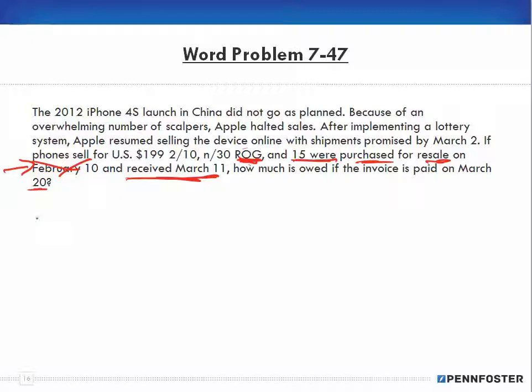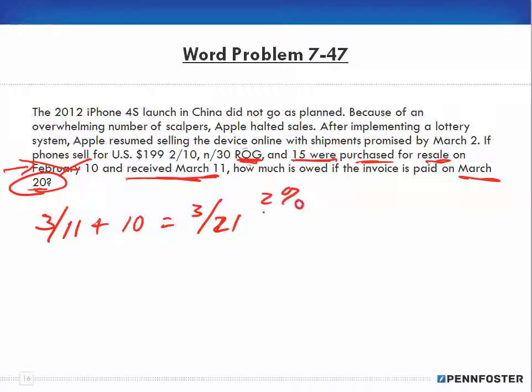So I have March 11th is the receipt of goods, and I have a 2% 10. So 10 days means if it's paid by 3/21, I'm able to take an additional 2% discount. Well, it was paid on March 20th, so I do get that 2% discount.